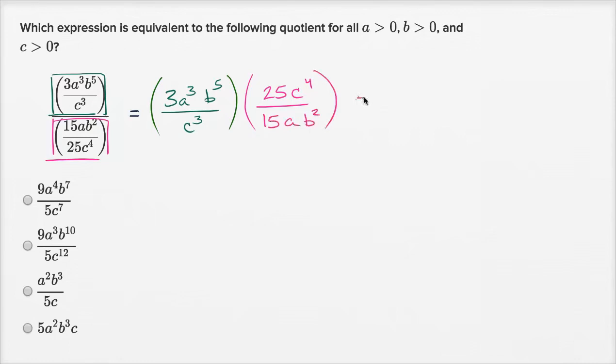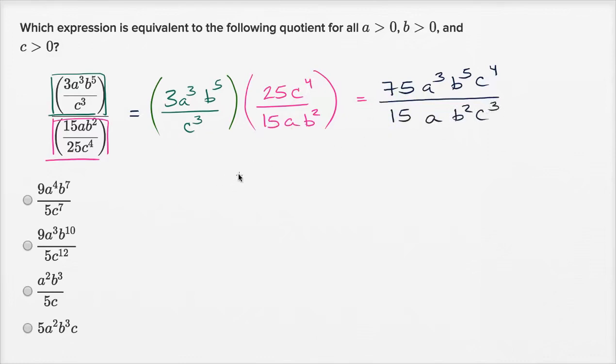And so what's this going to be? Well, in the numerator, you're going to have 3 times 25 is 75, and then a to the third, b to the fifth, c to the fourth, and in the denominator, 15 times a times b squared times c to the third power.